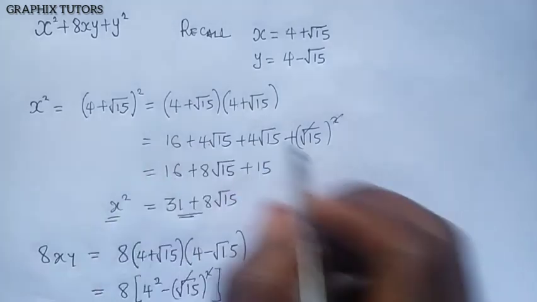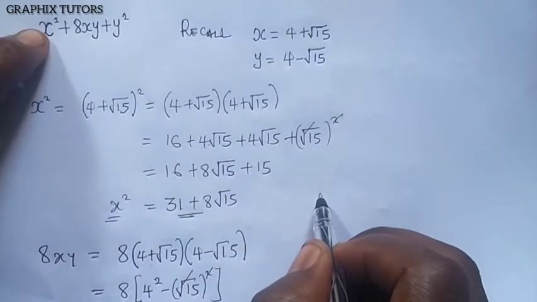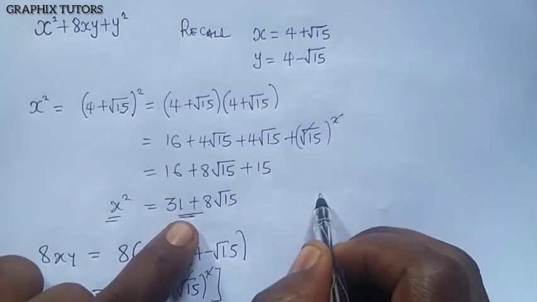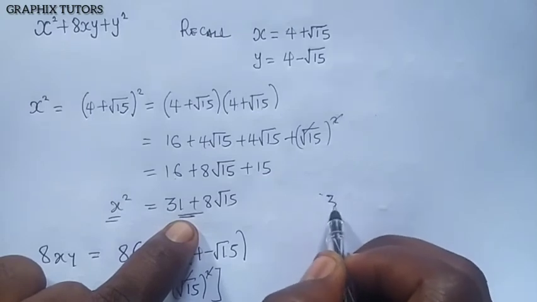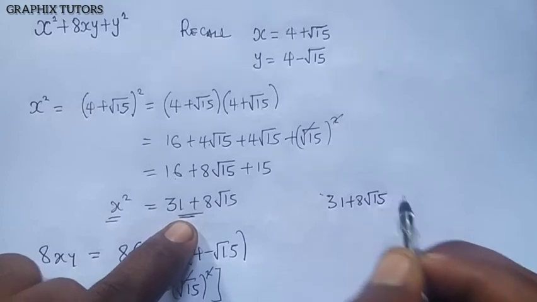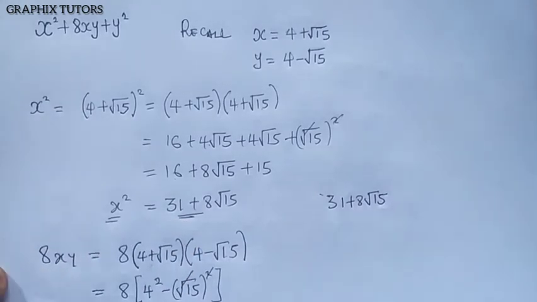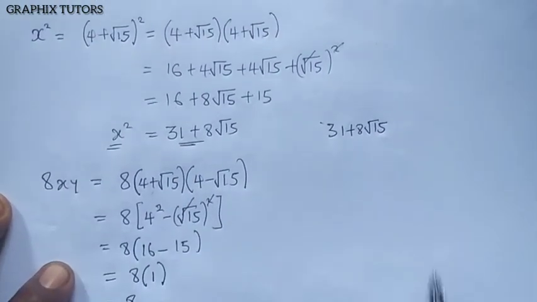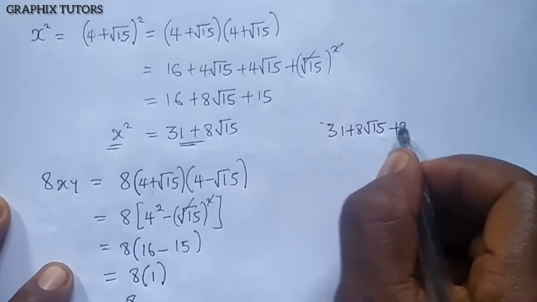The x squared is 31 plus 8 root 15, and the 8xy is plus 8.